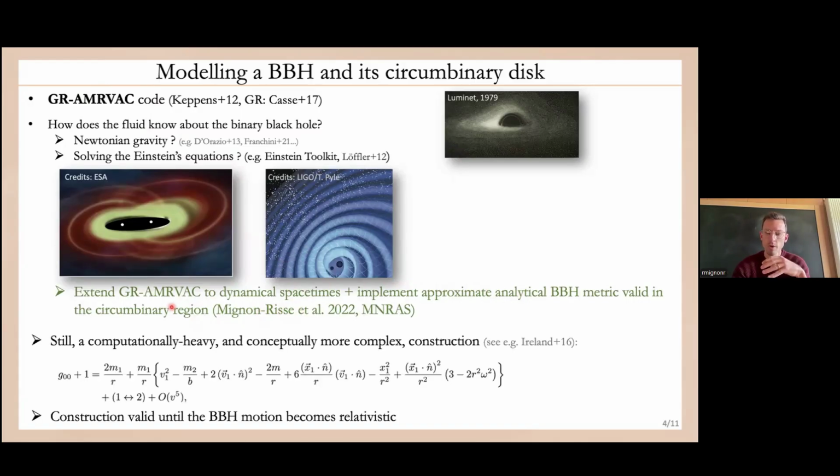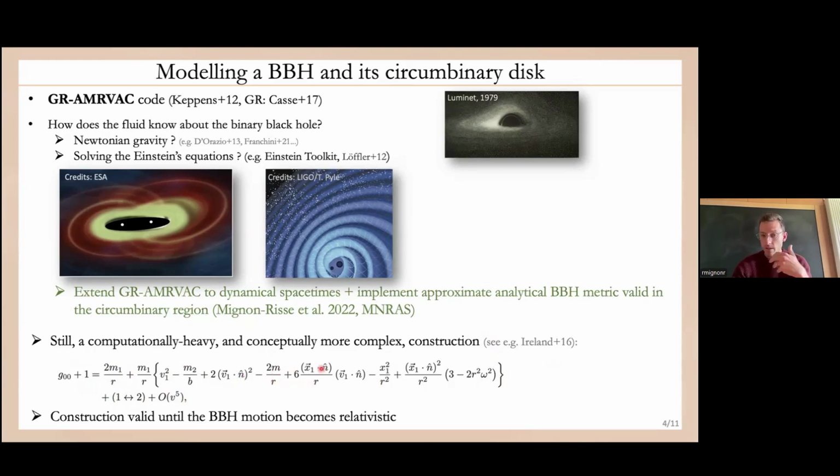And just to show you what it looks like, this is one component of the metric. If you take only the first term, that's what you would get with a Schwarzschild metric. And you can see that all the rest of the terms, this is for black hole 1, and the same is here for black hole 2. This is the additional complexity to model a binary and not a single black hole.